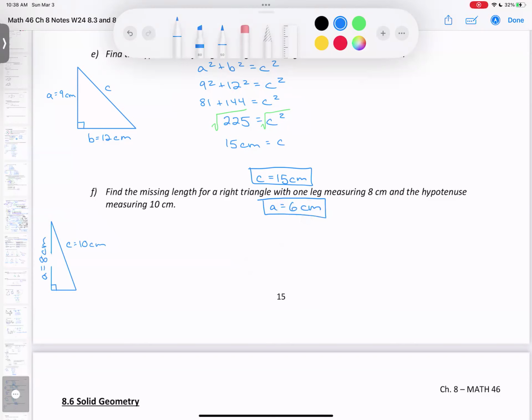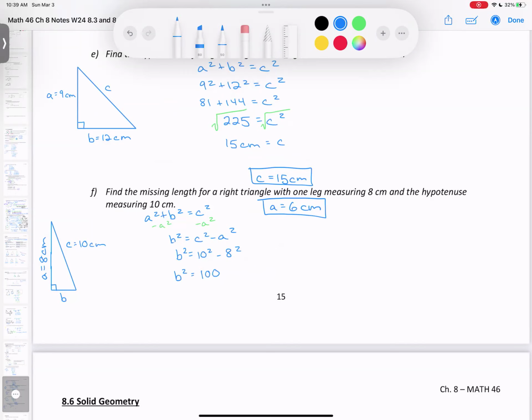Okay, so we're looking for the other leg, so we'll call that B. So we know A squared plus B squared equals C squared. We're solving for B, so I'm going to subtract A squared from both sides. And that gives me B squared is C squared minus A squared. C is 10. And A is 8. It's a bit messy. I'm just going to write that again. There we go.